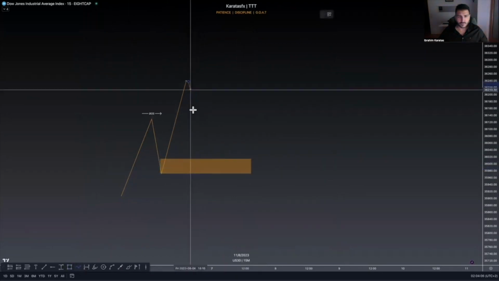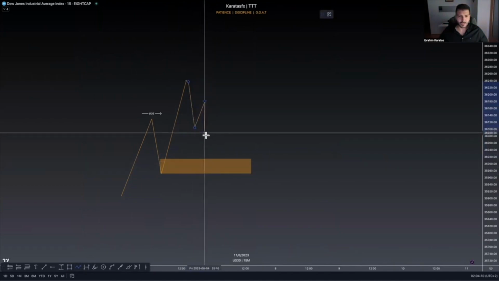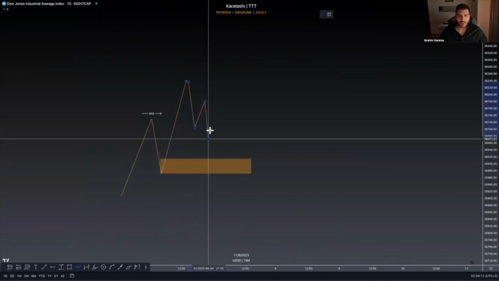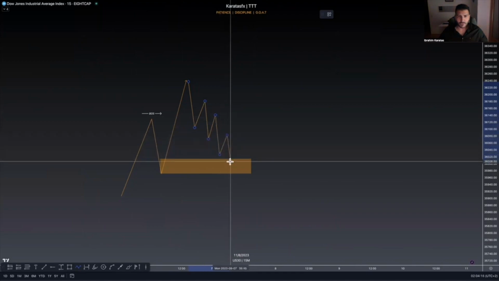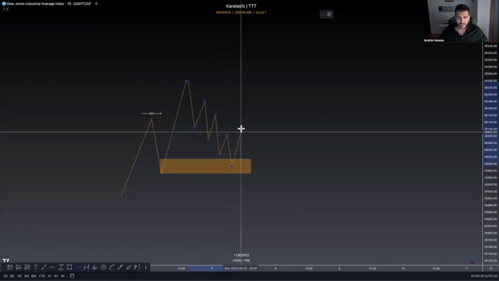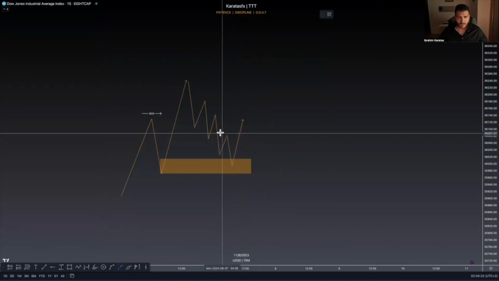So this is 4-hour demand. Okay, H4, like in the previous scenario. So we have a 15-minute execution time frame or 30 minutes. Price is coming in, gives us this break of structure to the upside.